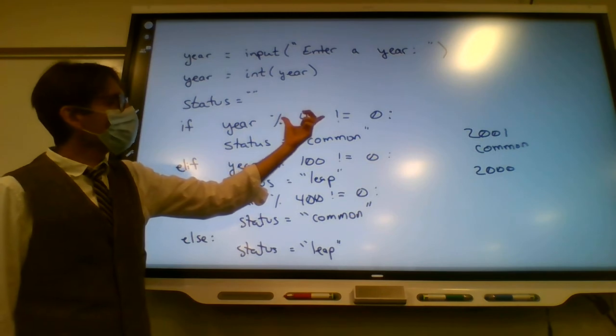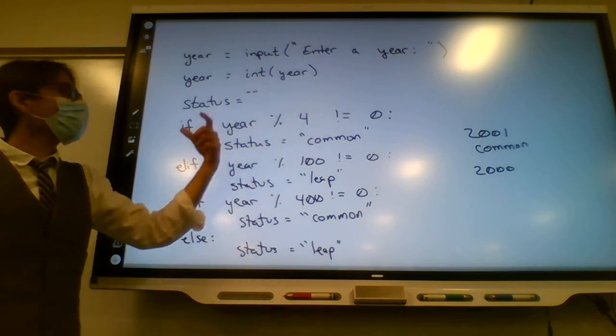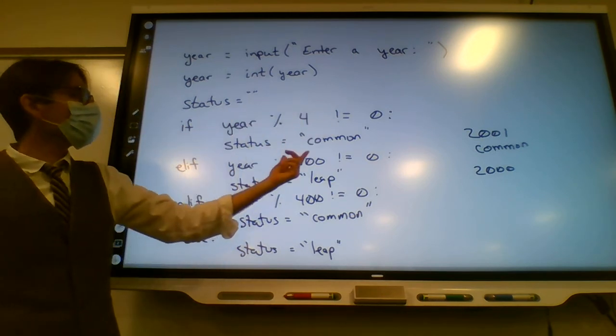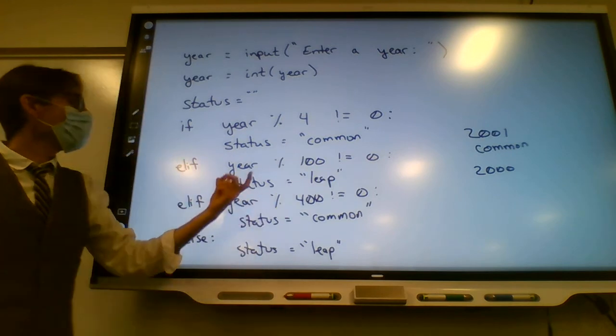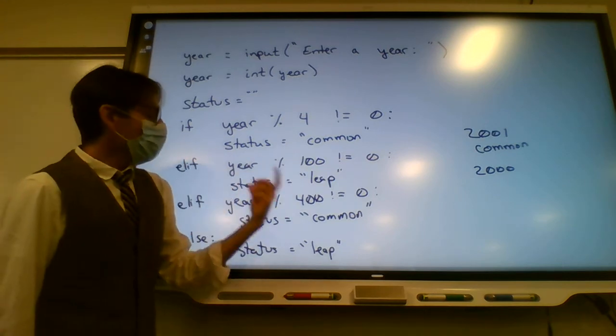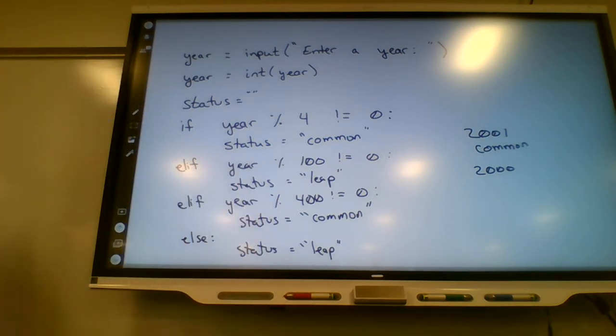So the ones that are not divisible by 4 are common years. If they are divisible by 4 and do not end in 00, they're leap years. If they end in 00 but are not divisible by 400, then they're common. But if they end in 00 and are divisible by 400, then they are leap years.